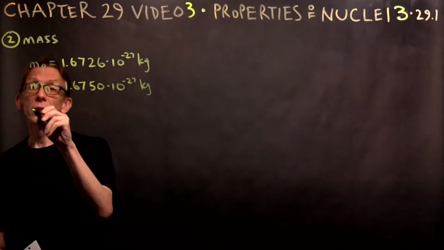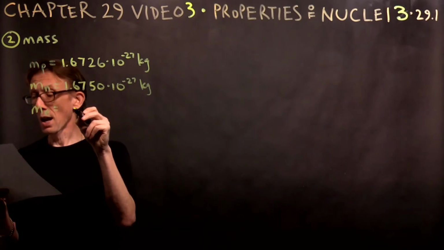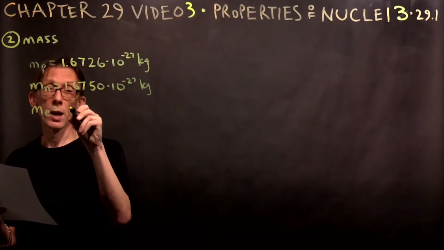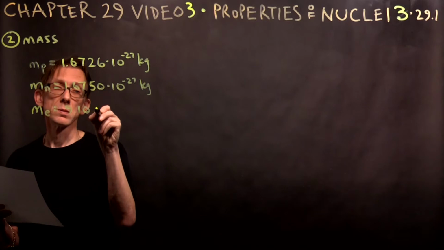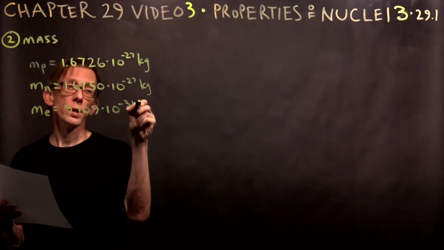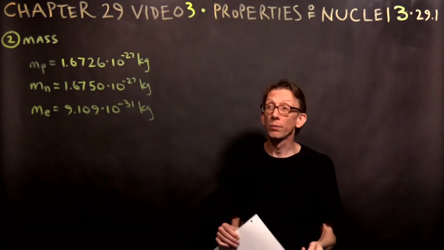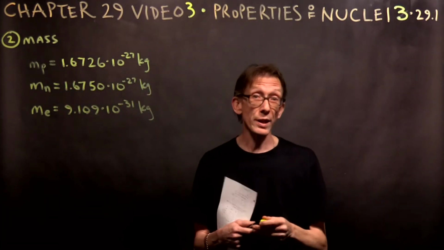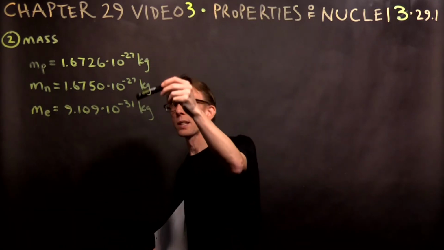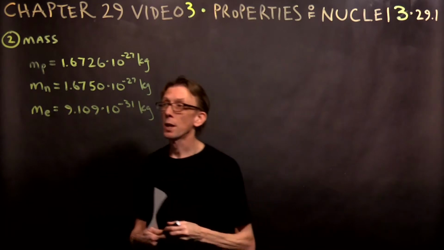For comparison, let's look at the mass of the electron. 9.109 times 10 to the negative 31 kilograms. Also very small. See the exponents there. That's where the difference is. Negative 27, negative 27, negative 31. That's a big difference.